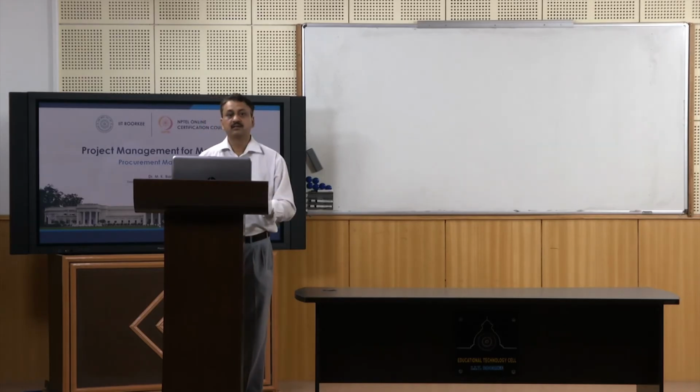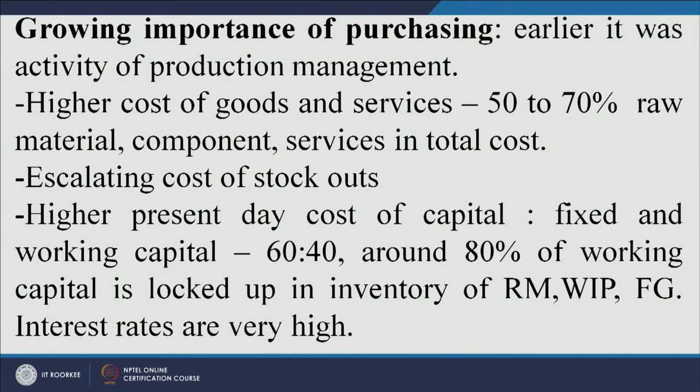Nowadays, this function is taking more and more importance. The reason is that in a product the cost of goods and services is 50 to 70%, depending on the product. So, 50 to 70% is the cost of raw materials and components. That is why the purchasing function is very important. If you can save on purchasing, then you can increase your profit.